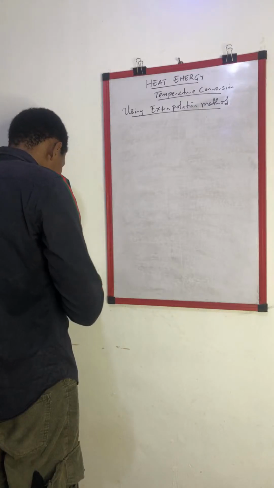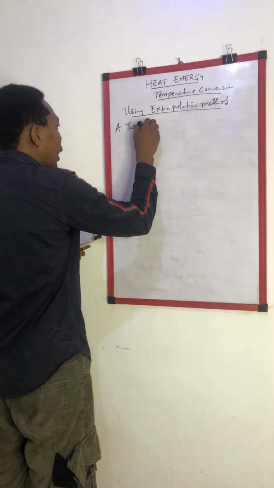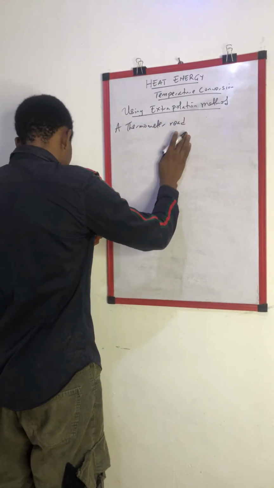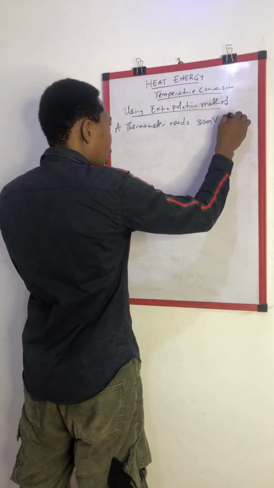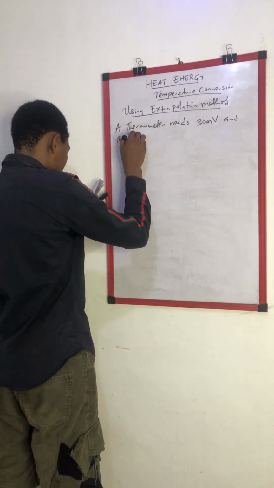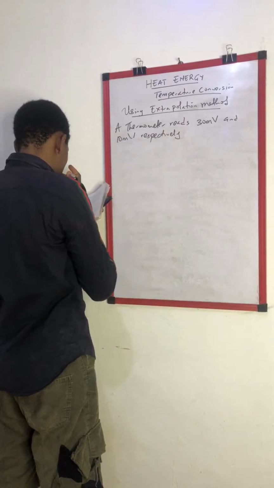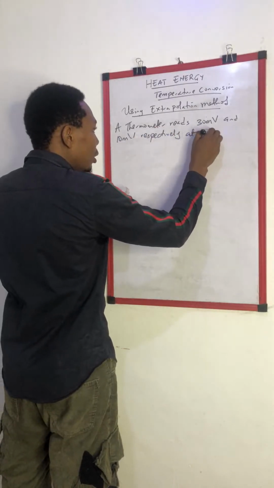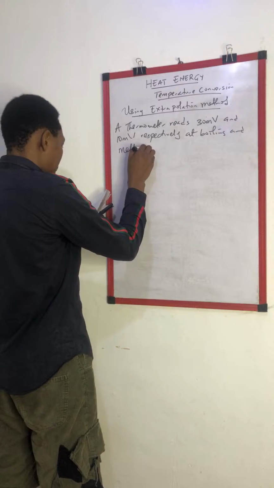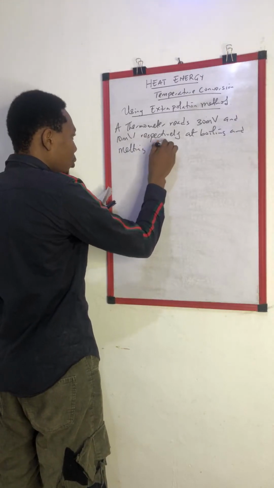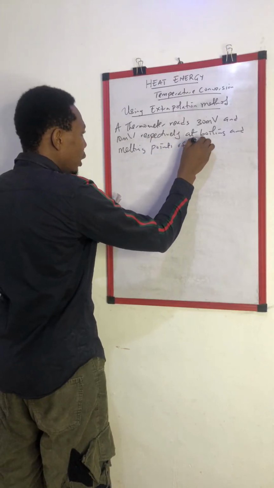A thermometer reads 30 millivolts and 10 millivolts respectively at boiling and melting points of water.